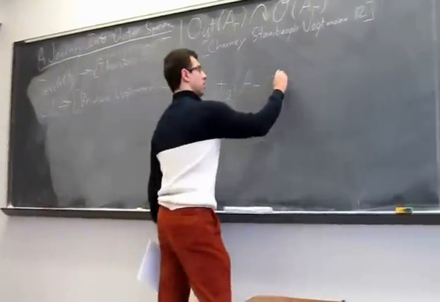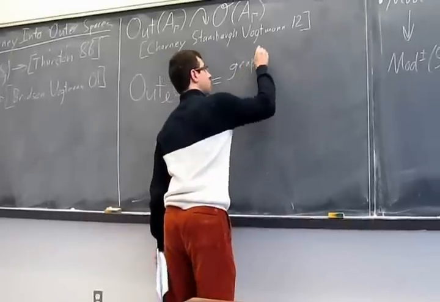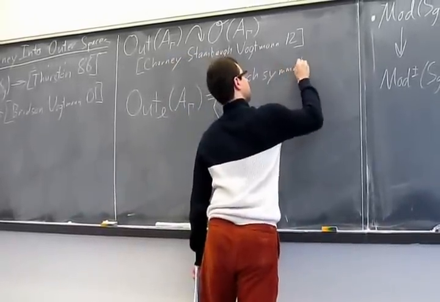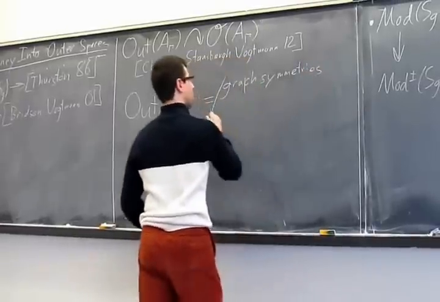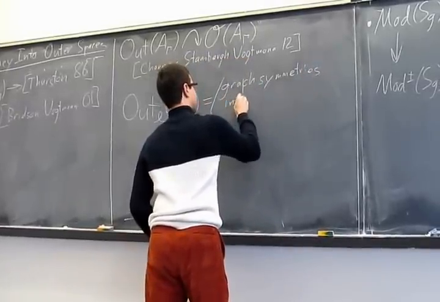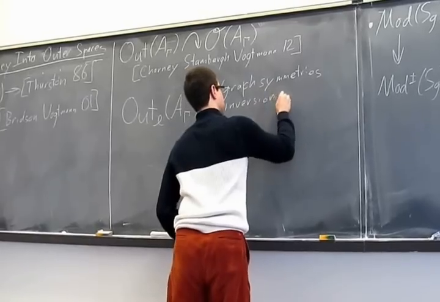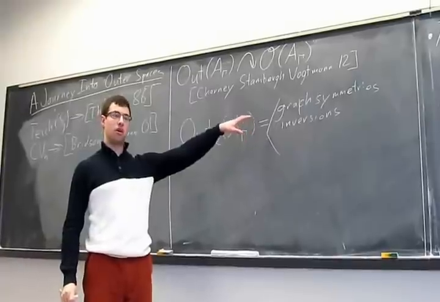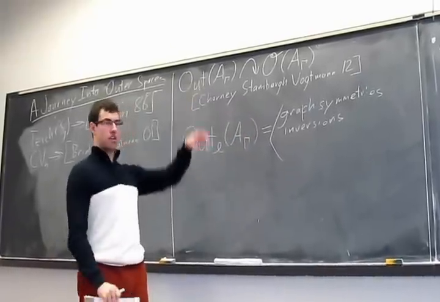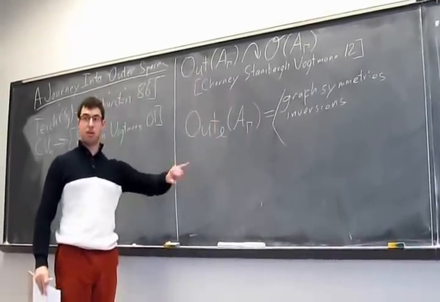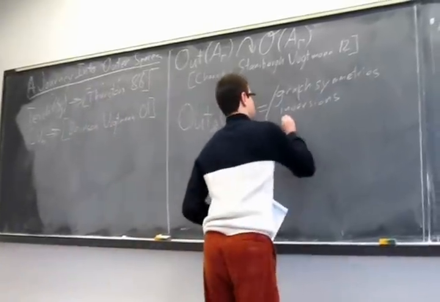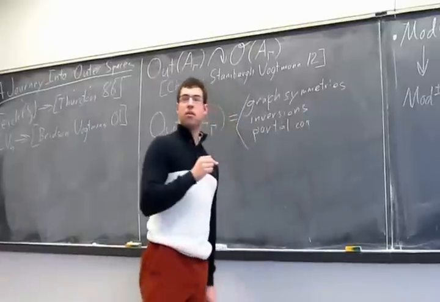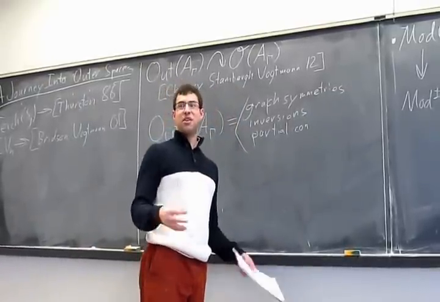This subgroup, though, is generated by graph symmetries, inversions, which, if we're keeping track with what we defined last time, are just our vertex isomorphisms, because all of our vertex groups are going to be Z's in this case. That's the only isomorphism we have. Partial conjugations. The trivial one. I think we don't care about that, though.